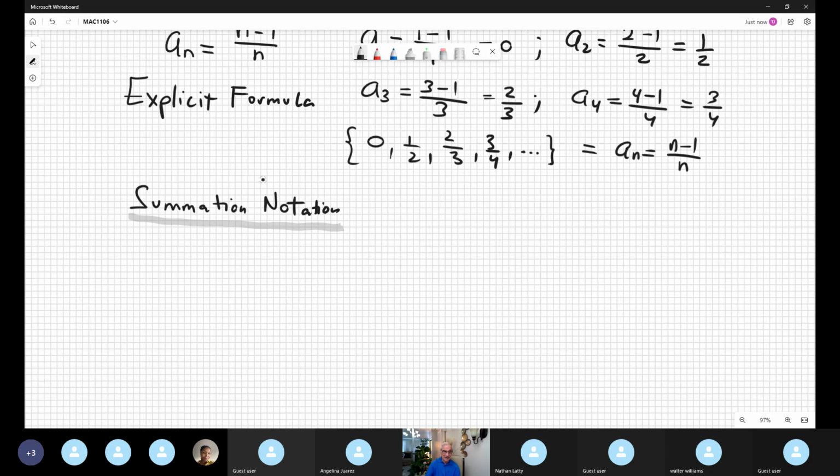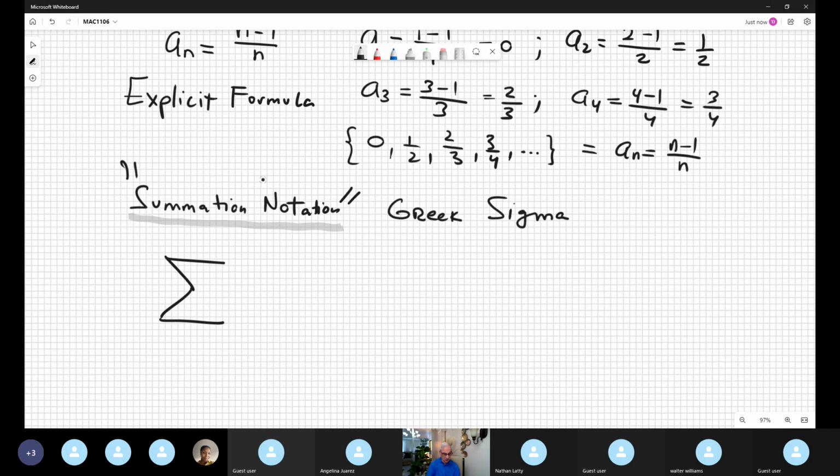But you need one special symbol, a Greek letter, sigma, capital sigma. I don't know if you've seen it before, it looks like that. Sigma. This is summation notation.